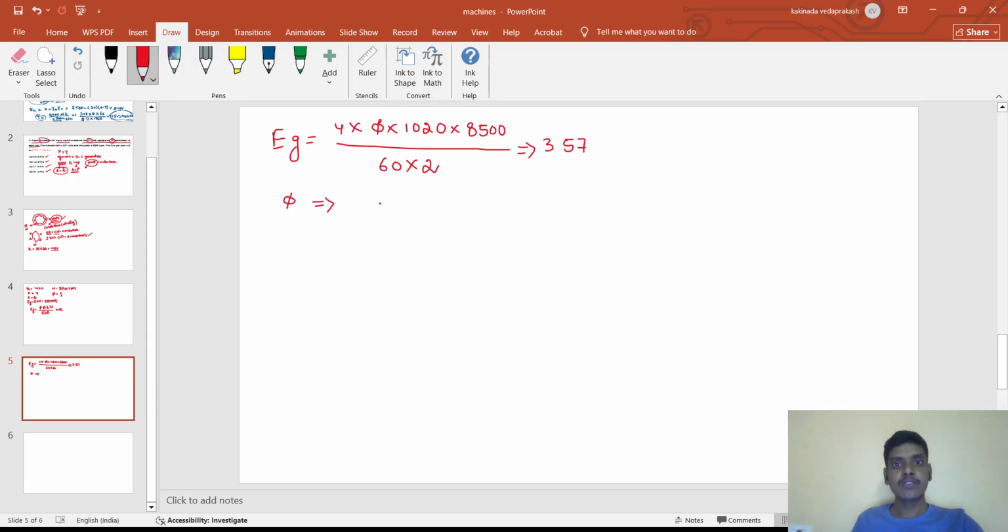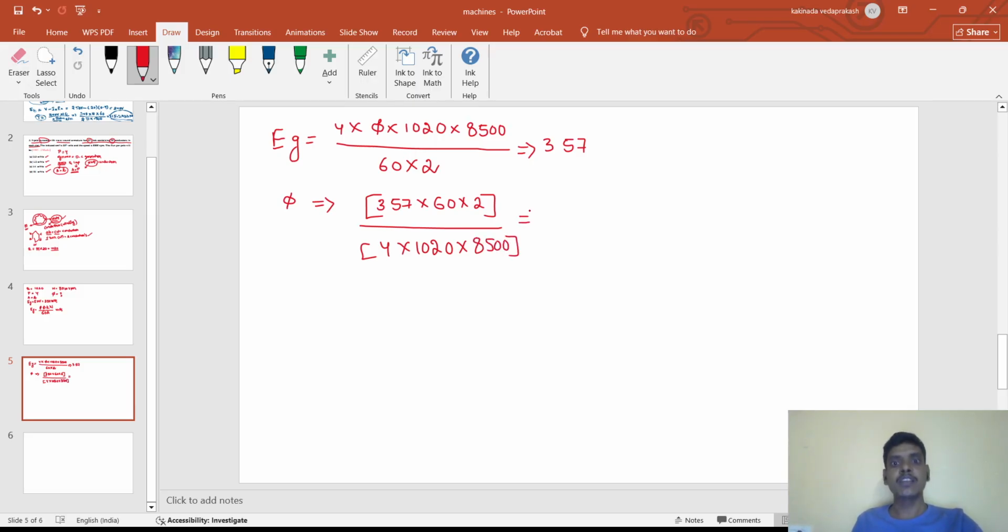Phi is equal to 357 into 60 into 2 divided by 4 into 1020 into 8500.